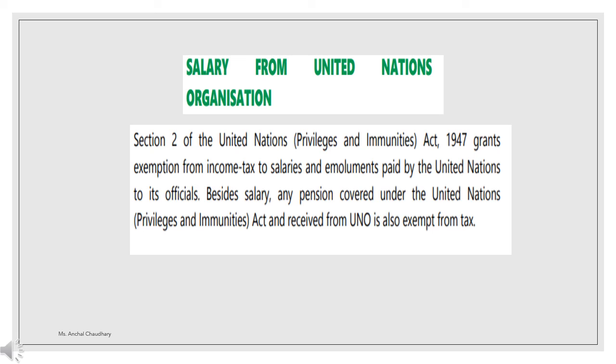Besides salary, any pension covered under the United Nations Act and received from UNO is also exempted from tax. So basically, the amount which UNO officials receive under the United Nations Act will be free from income tax.